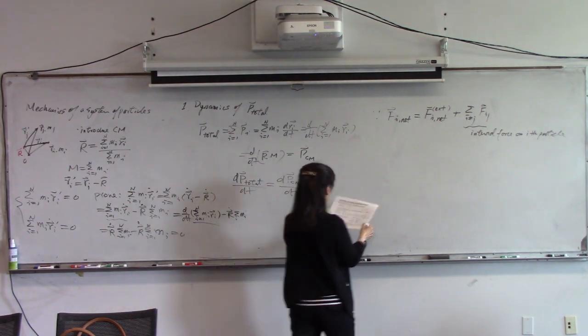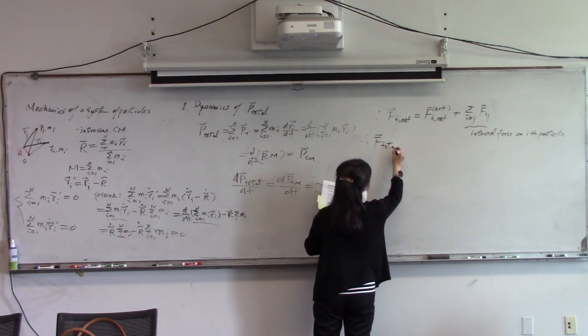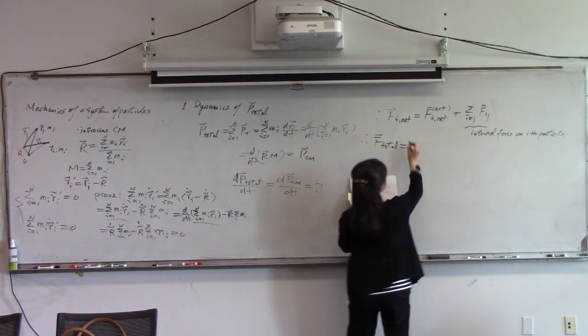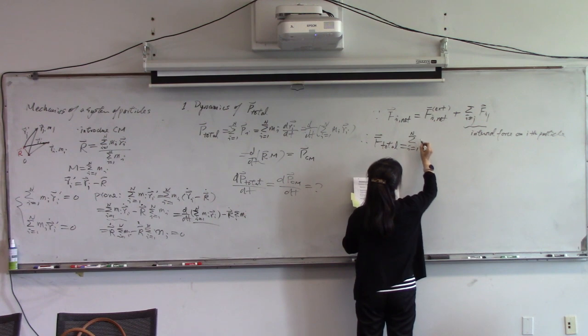Now the total force on this n-particle system should be the sum over all the net forces on each individual particle.